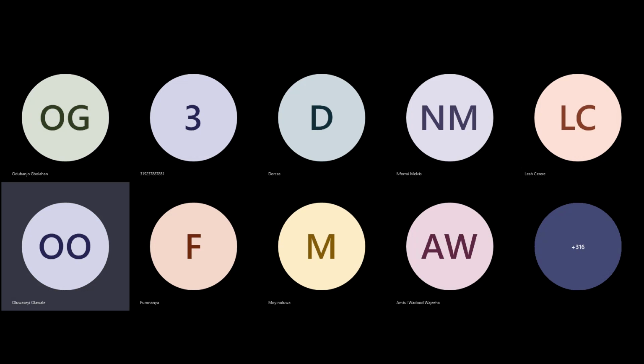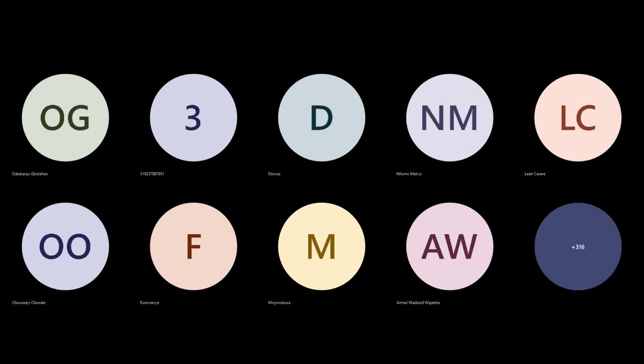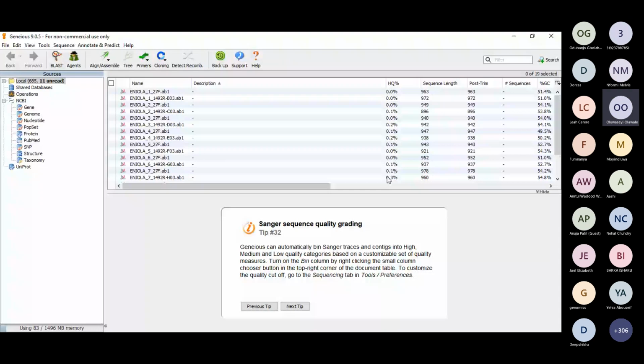Hello. I hope you can see my screen. Can you see my screen? Sorry, I'm going to be unlocking the group again. Can you see the screen? I need a yes on the WhatsApp.